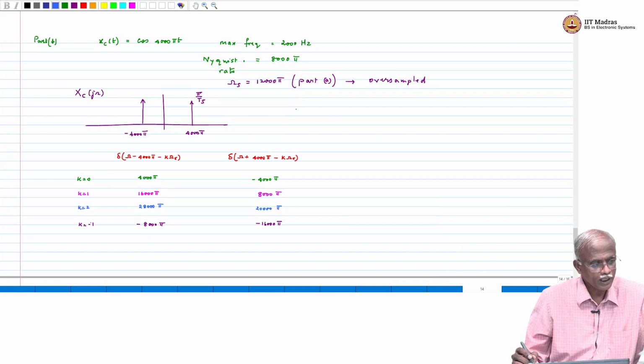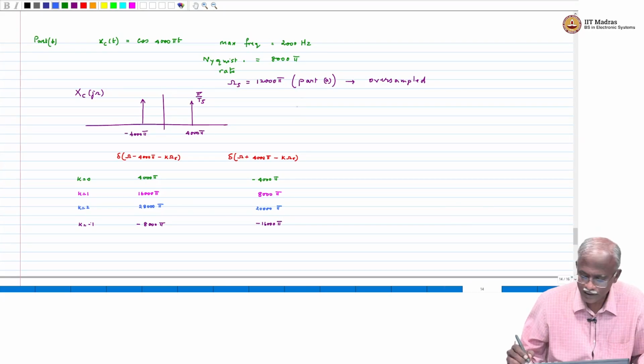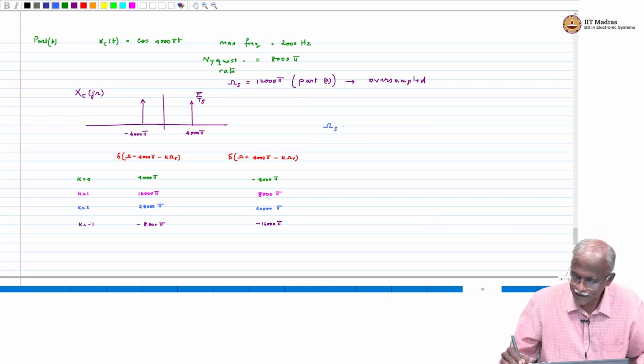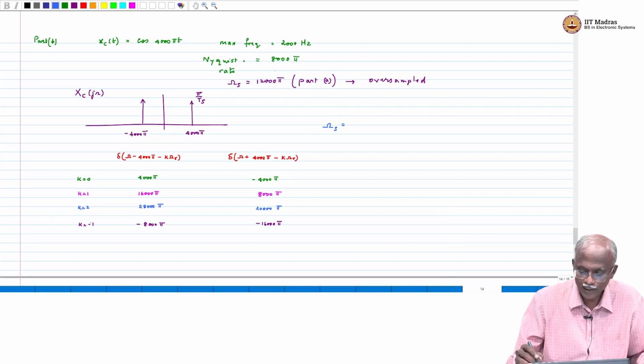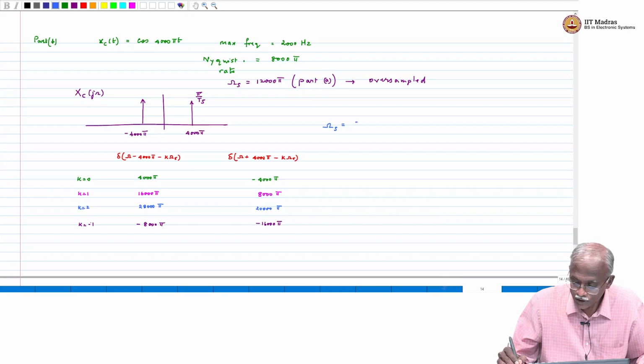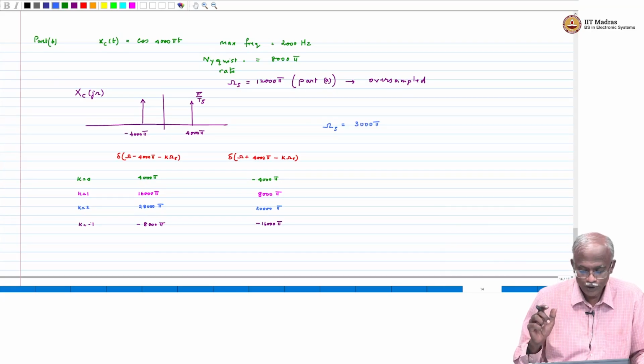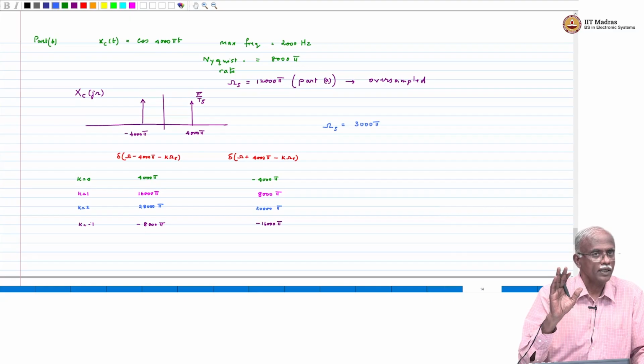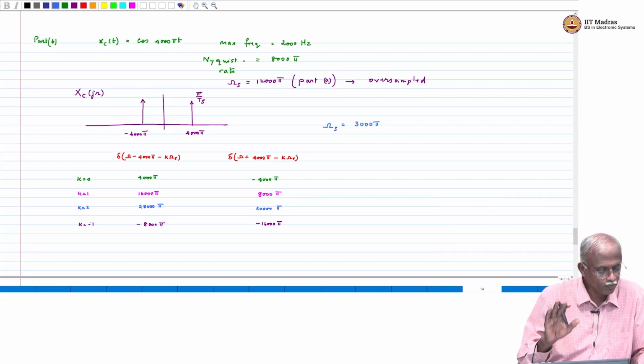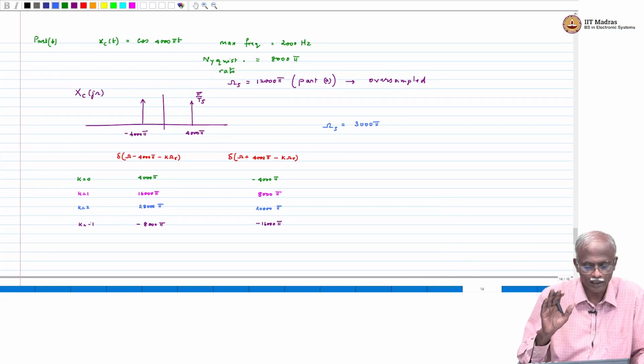We are going to use a sampling frequency omega s. What should omega s be? It should be 8000 pi, right? But I am going to use 3000 pi. Which means that I am going to run into aliasing. And how is aliasing going to manifest itself in this particular case?